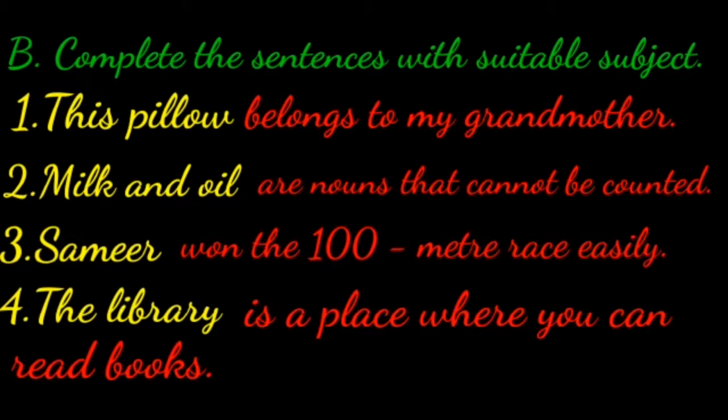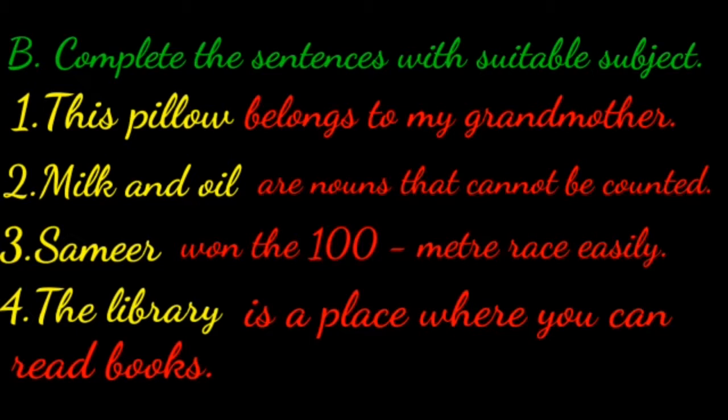Moving to the second one, milk and oil are nouns that cannot be counted. I repeat once again, milk and oil are nouns that cannot be counted. In the sentence, the subject is milk and oil.